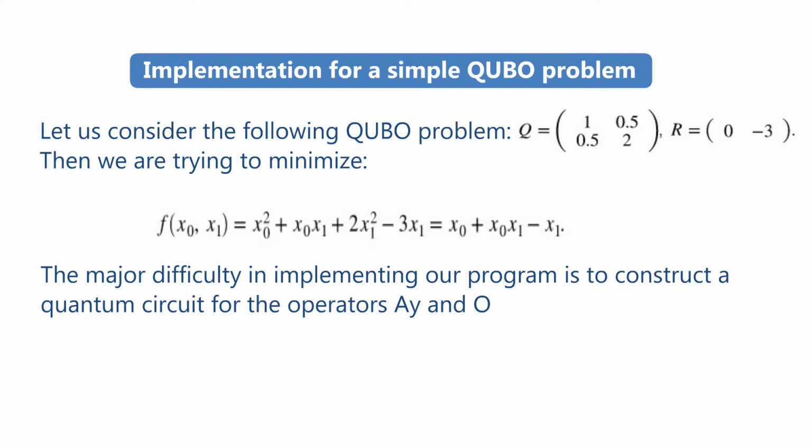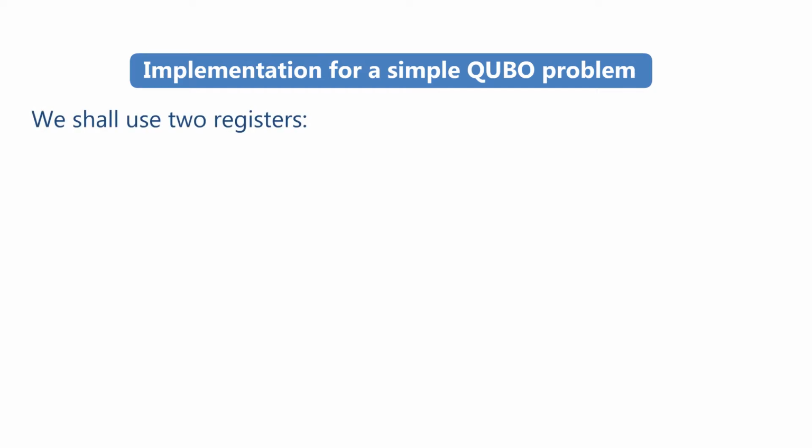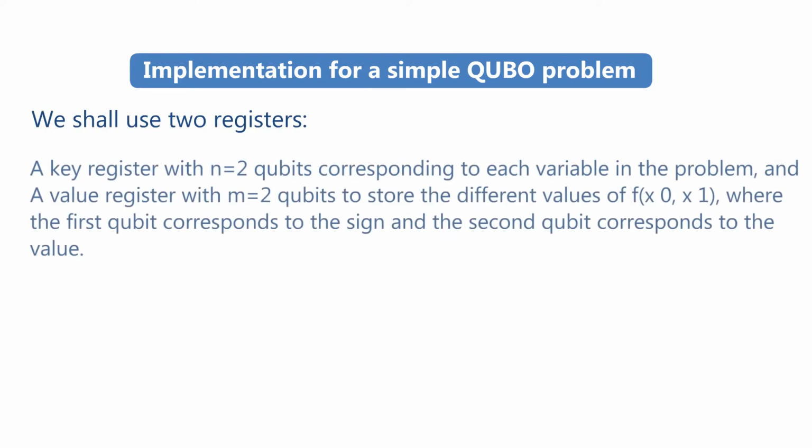The major difficulty in implementing our program is to construct a quantum circuit for the operators A_y and O. We shall use 2 registers: a key register with n equals 2 qubits corresponding to each variable in the problem, and a value register with m equals 2 qubits to store the different values of f(x0, x1), where the first qubit corresponds to the sign and the second qubit corresponds to the value.